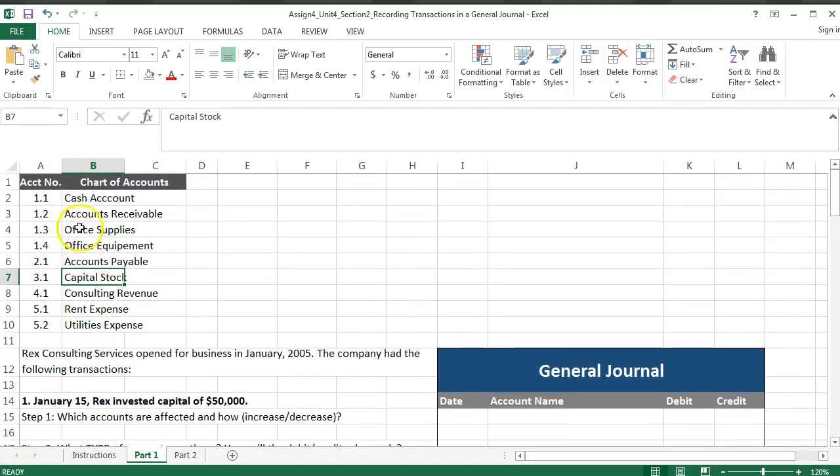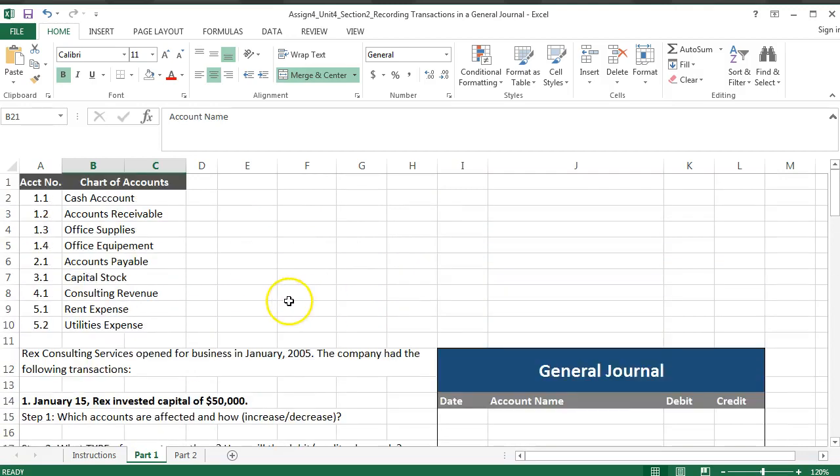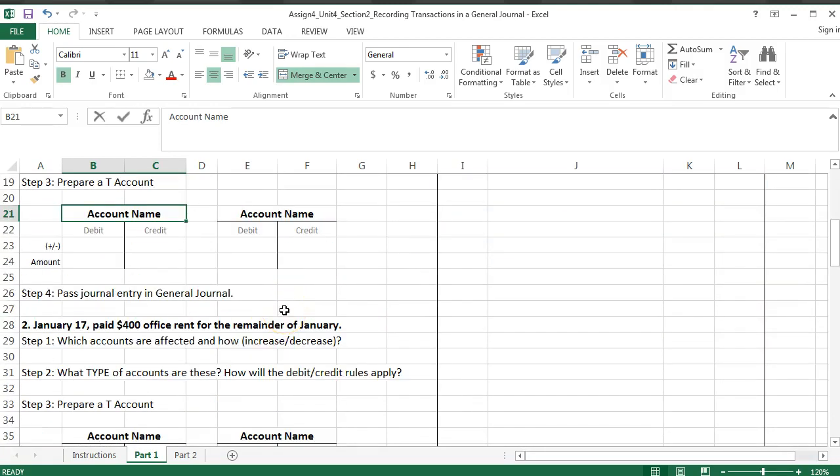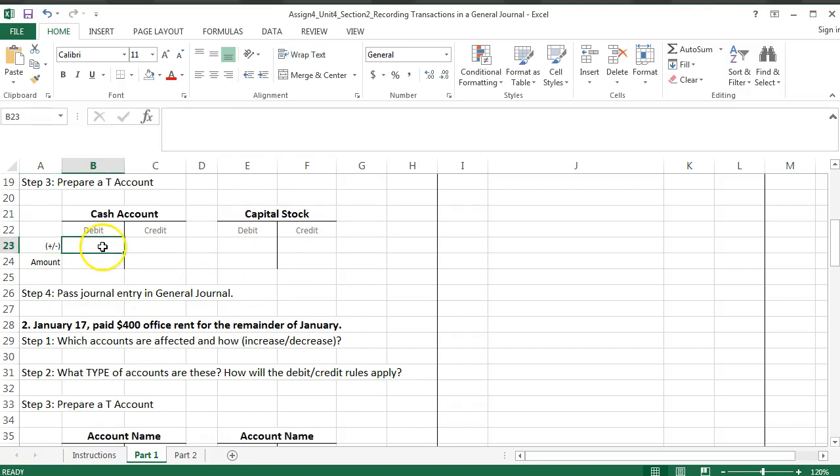So we're going to work with account number 1.1, cash account, and then account number 3.1, capital stock. So I'm going to put those account names down here: cash account and capital stock.